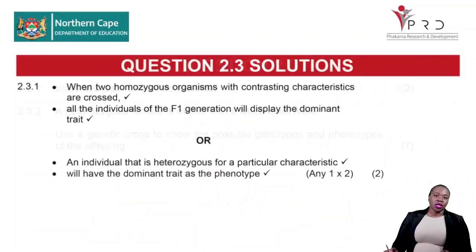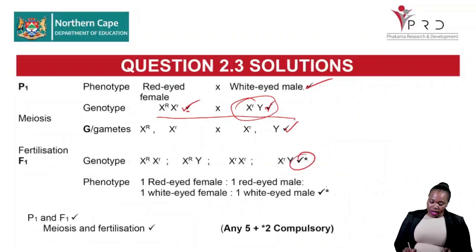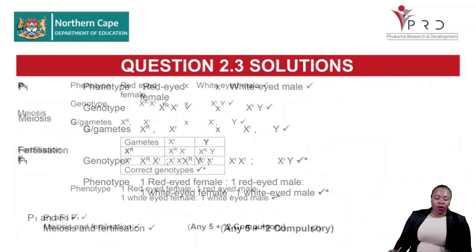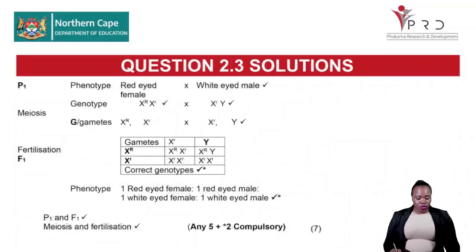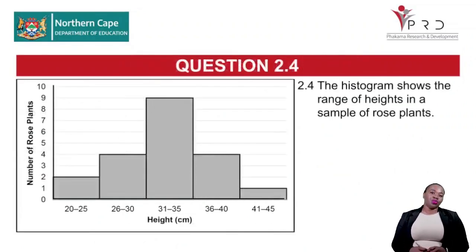So that is what would be your compulsory answer there. So as you can see, it is starred, meaning that if you do not give this, you will not get the marks. So your genotype and then your phenotype. Remember, P1 and F1, they have a mark. Meiosis and fertilization also have a mark. You can also use a Punnett square. As we can see, there is the Punnett square. You follow the same process, and instead of showing the crosses, you would then show a Punnett square.